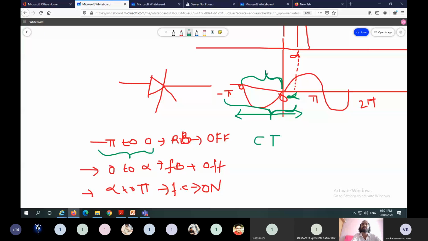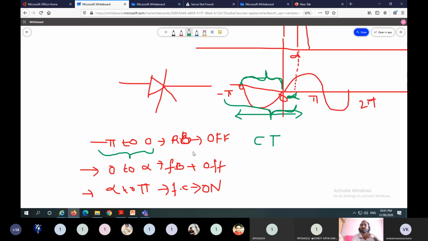So circuit turn off time is defined as the time for which a power semiconductor device will be in reverse blocking mode. In circuit turn off time, reverse voltage appears across the device. In device turn off time, the voltage may be either positive or negative, but the device is in off state.